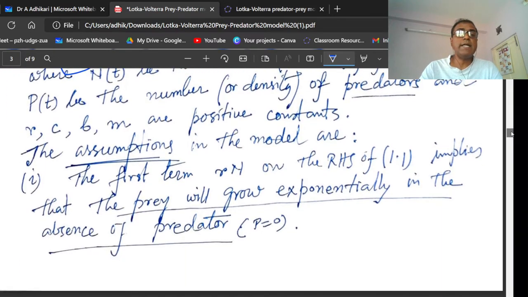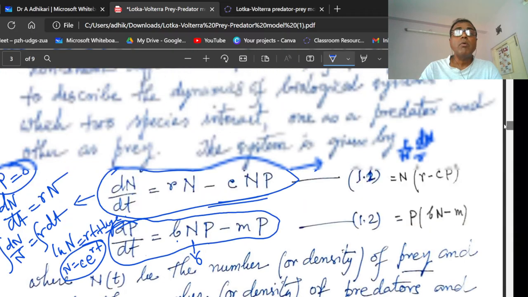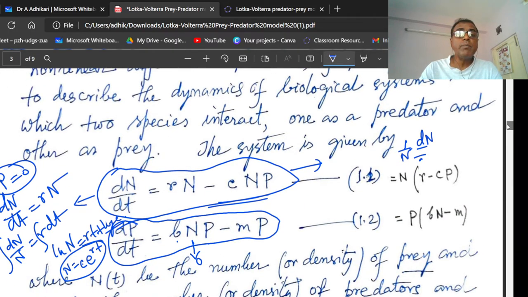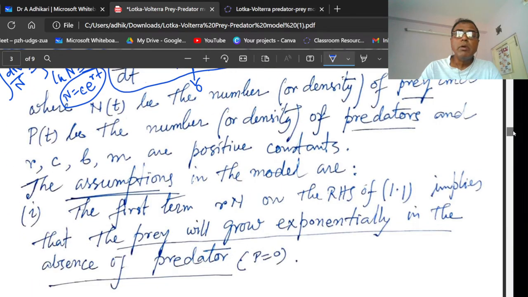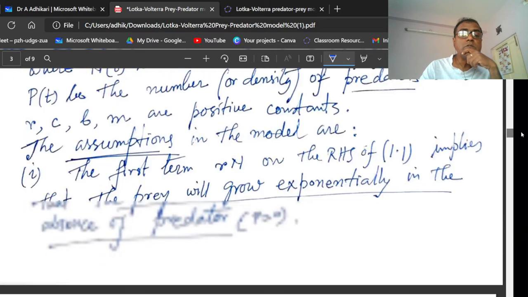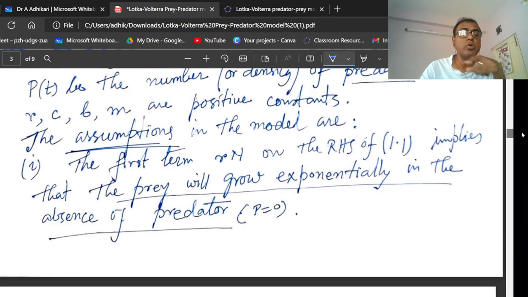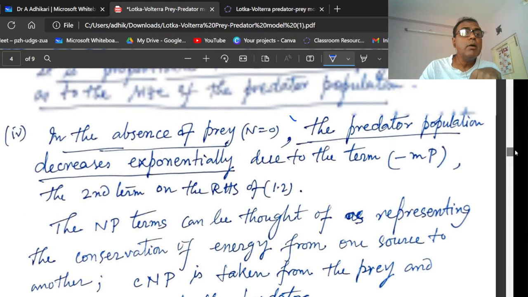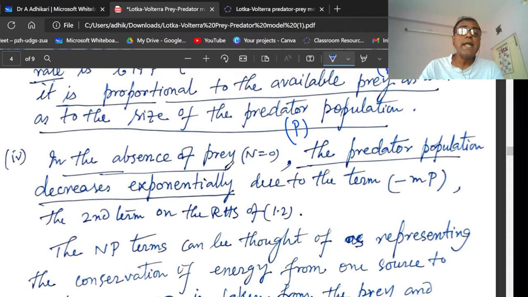The fourth assumption is that in the absence of prey, that is N equal to 0, the predator's population P decreases exponentially due to the term MP.